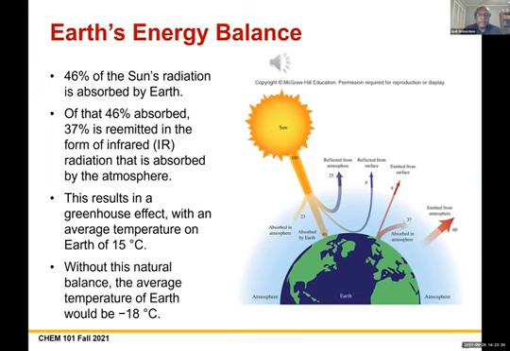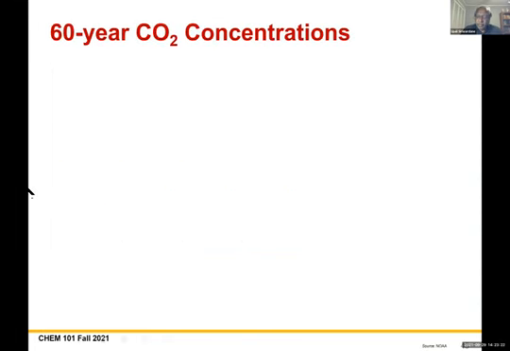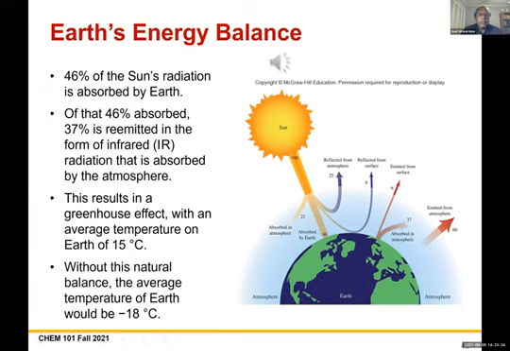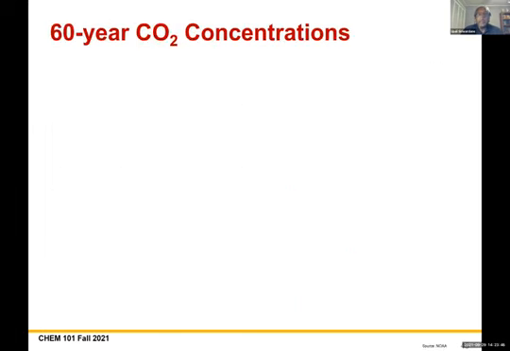So Earth temperature is managed at an average of 15. So the greenhouse effect of the carbon dioxide and water is good. But carbon dioxide is increasing and our portion absorbed by the atmosphere is increasing.